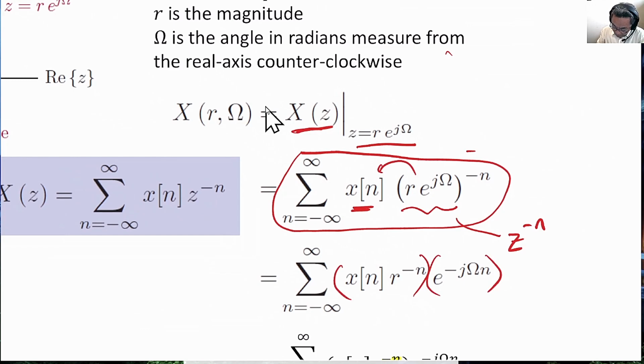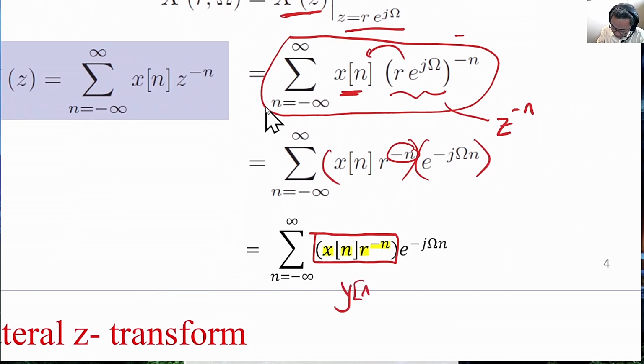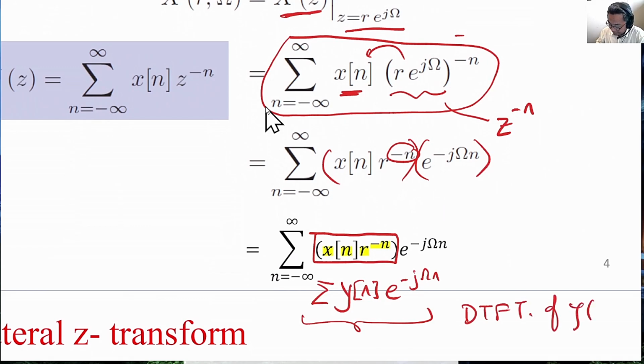So this is x of n times r to the power minus n multiplied by e to the power minus j omega n. This looks very familiar. This is a signal. For example, let's call this y of n, times e to the power minus j omega n. Later on, you realize that this is the discrete time Fourier transform of y of n.